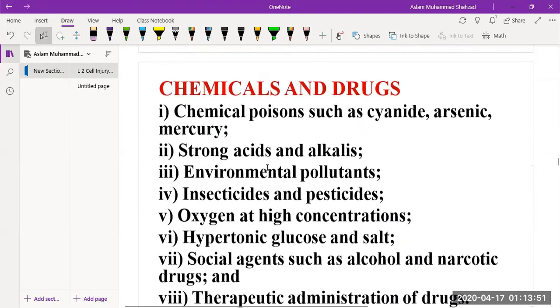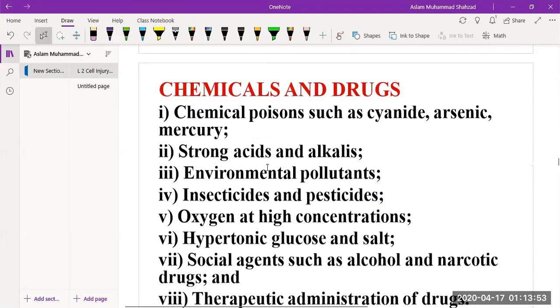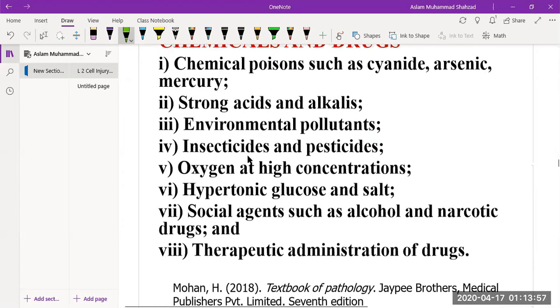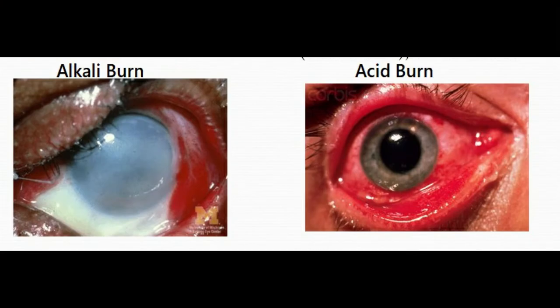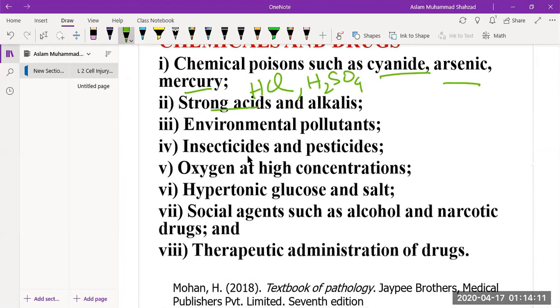Then we have chemicals and drugs. Chemical poisons such as cyanide, arsenic, mercury, strong acids such as HCl, hydrochloric acid, or H2SO4, sulfuric acid. Then we have alkalis like sodium hydroxide.